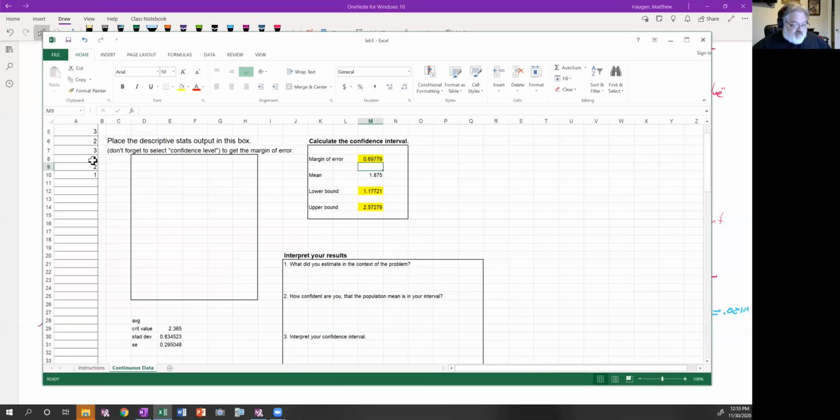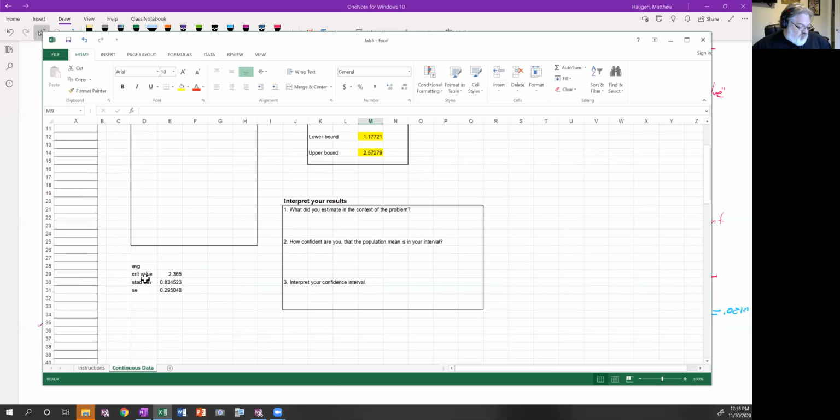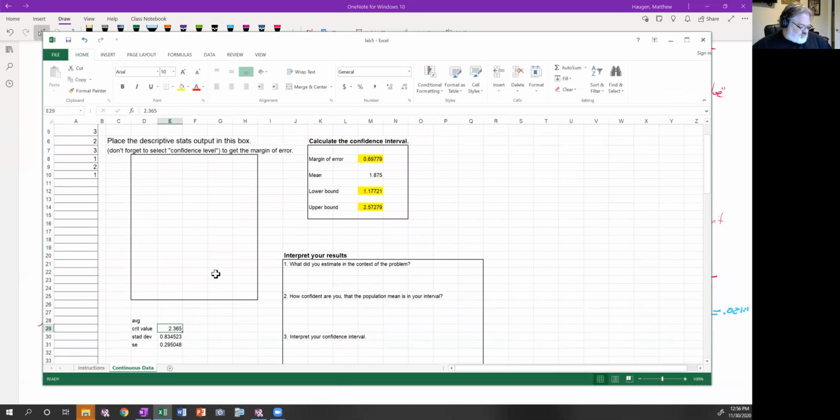If we want to do others, we could modify this any way we want. You can grab any critical value you want for any confidence level you want and not be stuck with what the descriptive statistics tool outputs. Fair? So if some of you are looking at all this and going, why don't you just click, highlight, click, and write all that down? Because I like the flexibility of knowing what we're actually building. Fair?